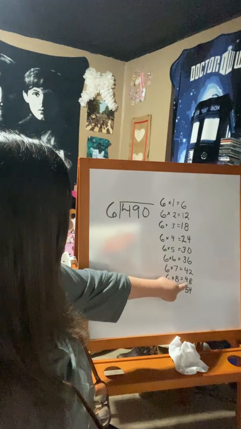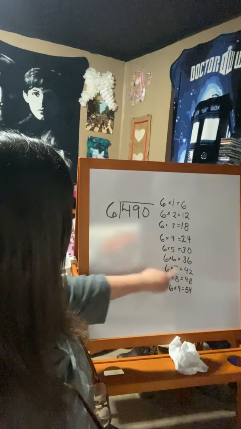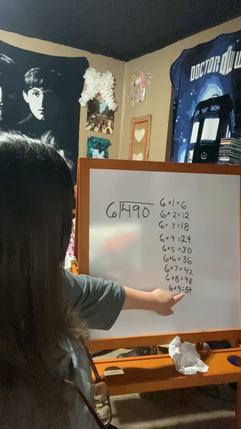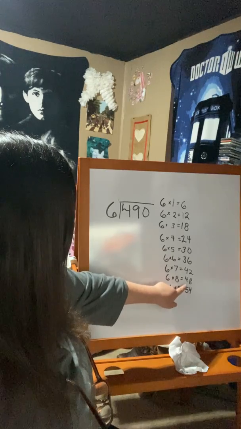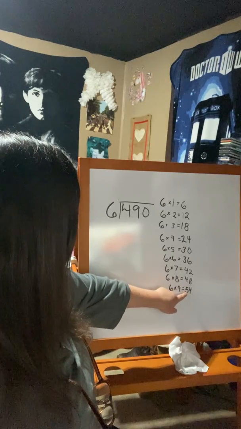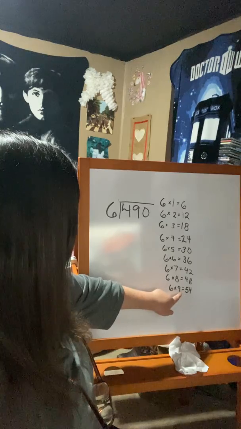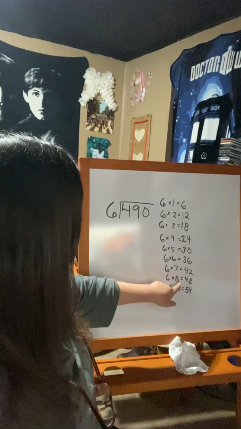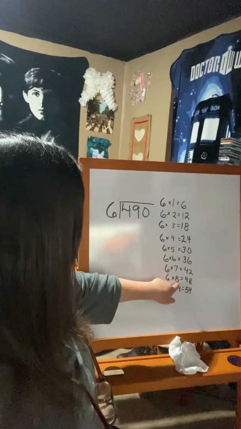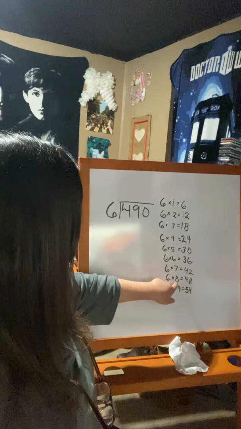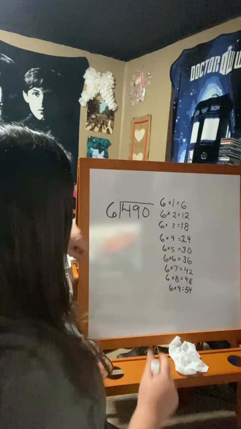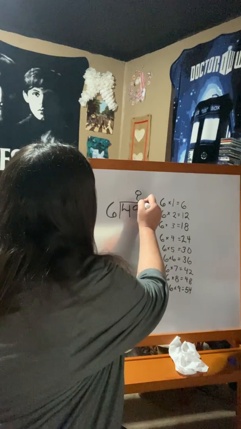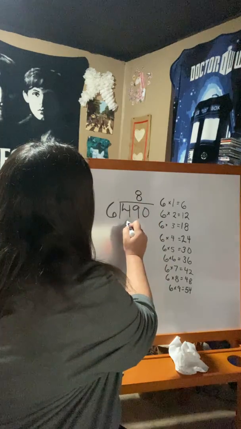Will 6 go into 48? Yes, 8 times, but 49 is bigger than that. Will 6 go into 54? Yes, 9 times, but that's too big. So 6 will go into 48 8 times. Six times 8 equals 48.